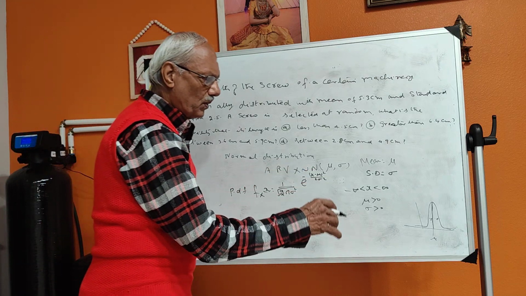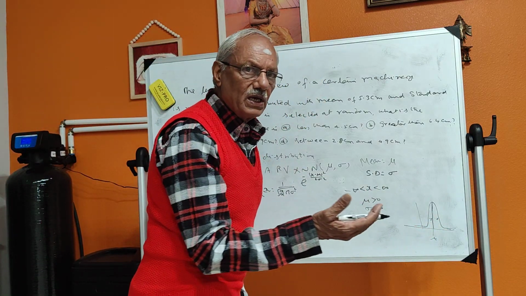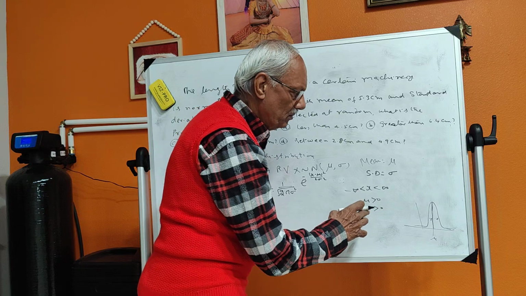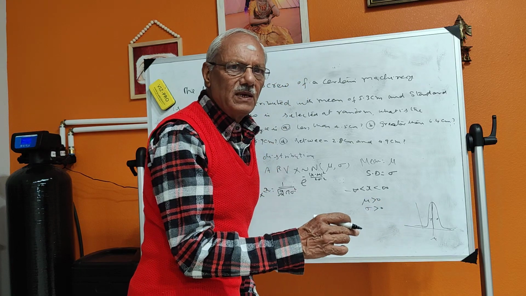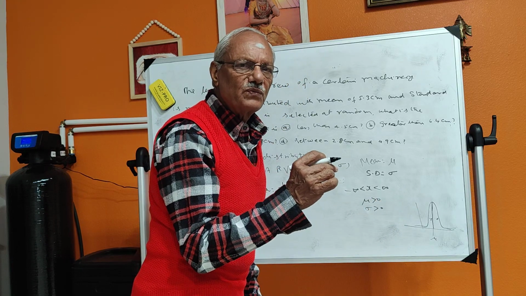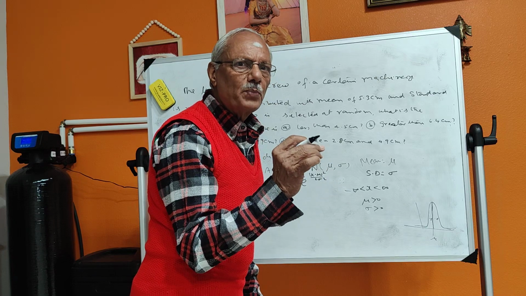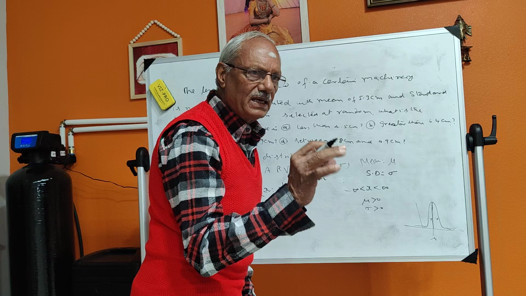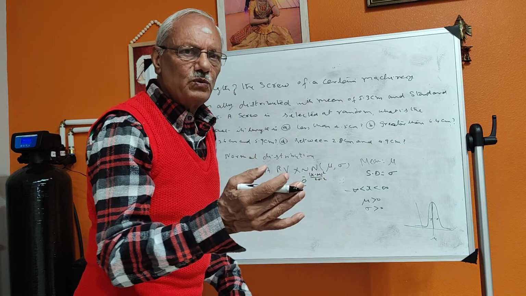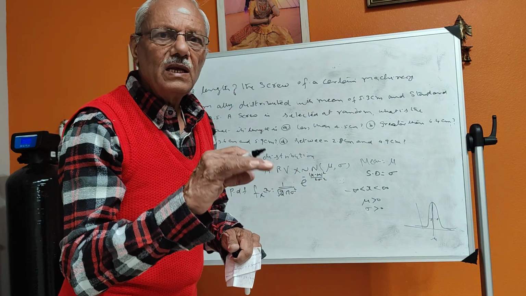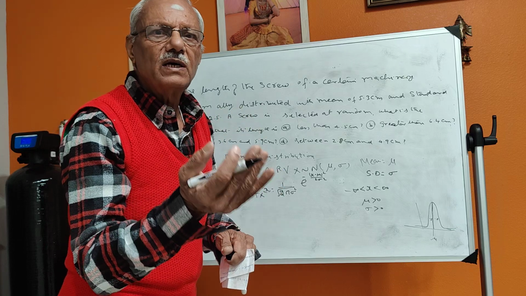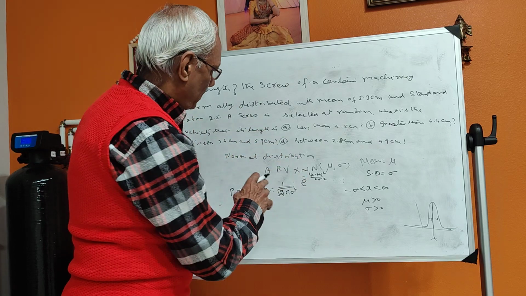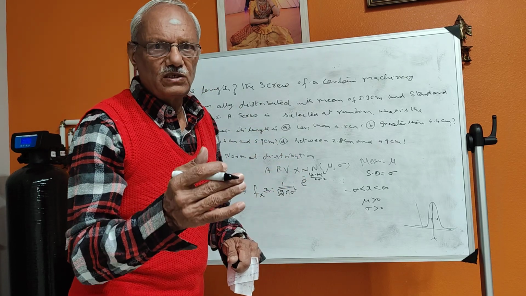Because of the property that it holds an area of 1 between minus infinity and plus infinity, the curve is used for finding probabilities. Given a random variable x which follows a normal distribution, we can find the probability of the random variable x in various situations.